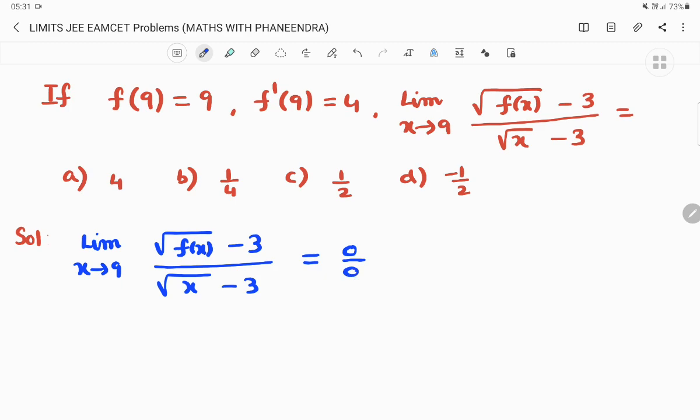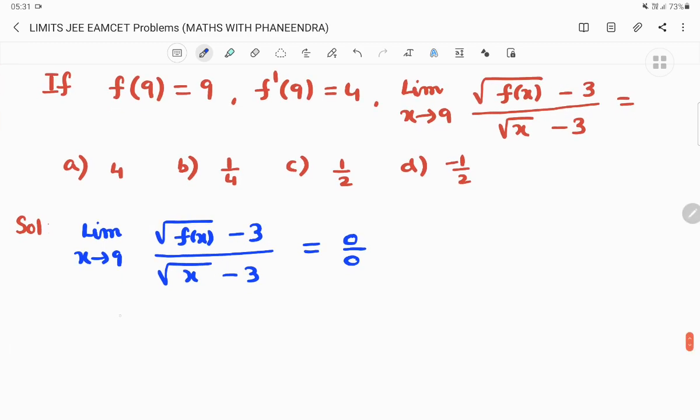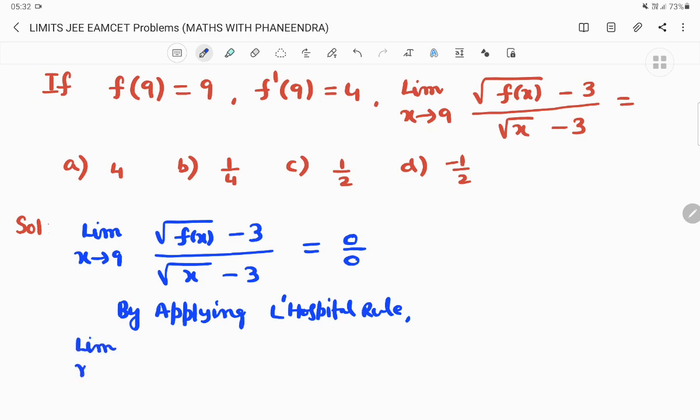So it is an indeterminate form. Whenever we get an indeterminate form, in the next step what do we have to do? By using L'Hospital rule. So by applying L'Hospital rule, limit x tends to 9, the derivative of root f of x is 1 by 2 root f of x.